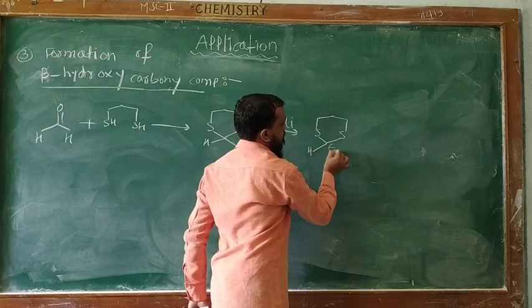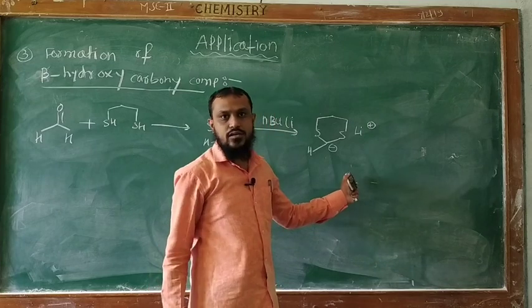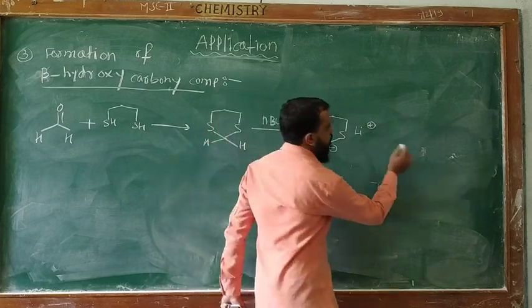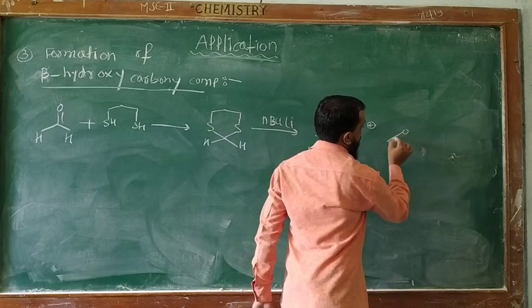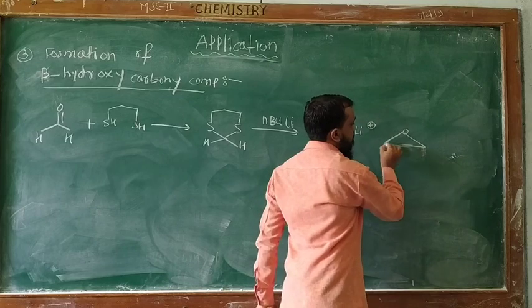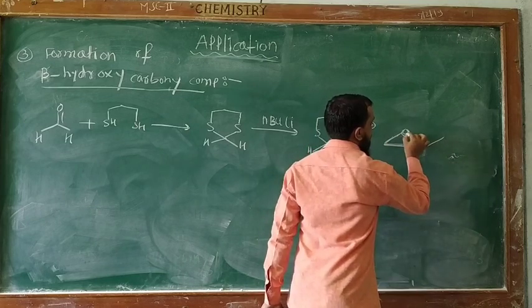Okay, this is the lithiated salt. Okay, this lithiated salt is treated with unsymmetrical epoxide. Now look here. Okay, this is the symmetrical epoxide. Okay, and now this is the unsymmetrical epoxide.